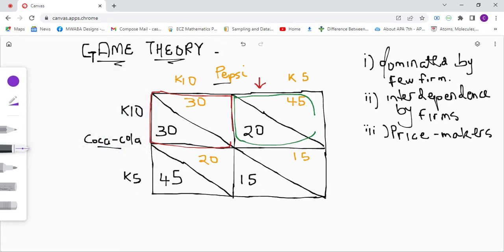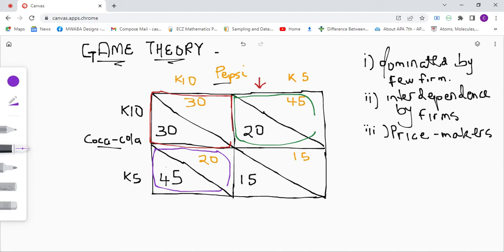Then this one, which I'll circle in purple, represents that if Coca-Cola drops its price and charges 5 kwacha, and Pepsi is still charging 10 kwacha, Coca-Cola will get a bigger share of the market and get more revenue.